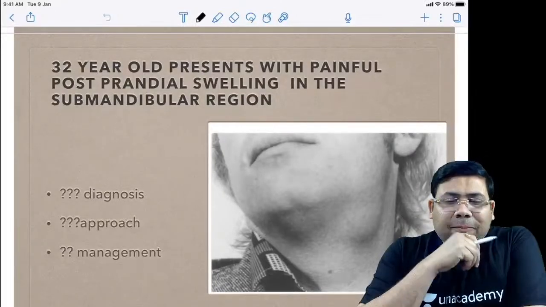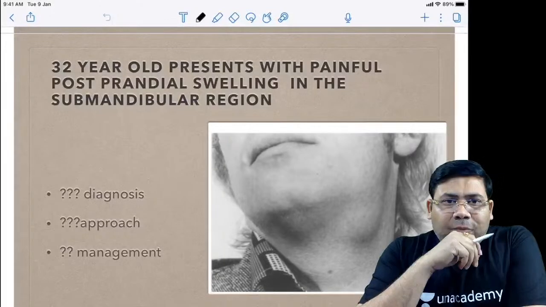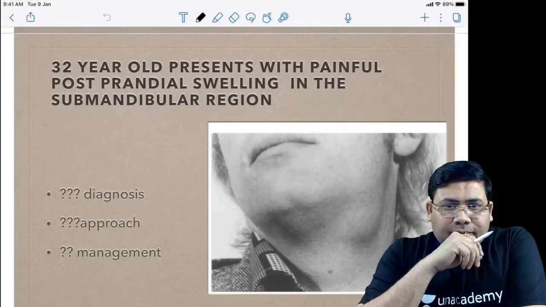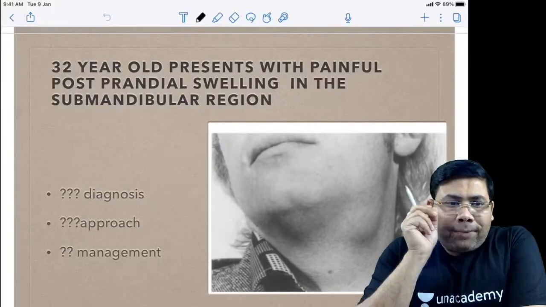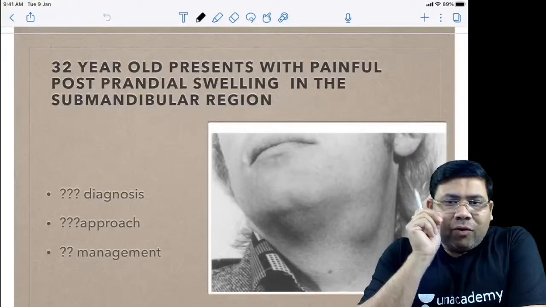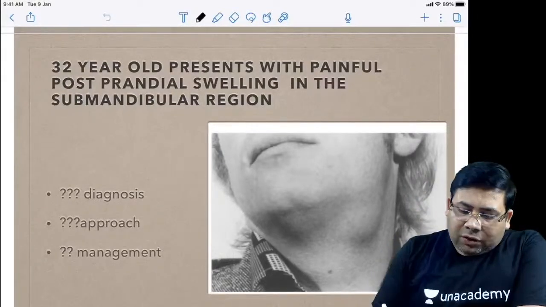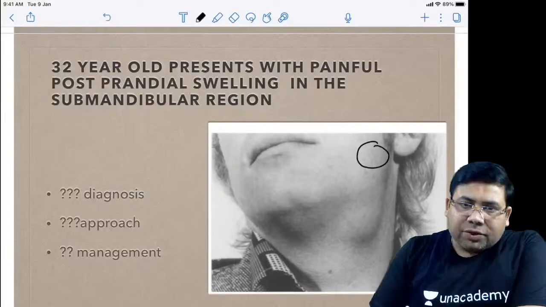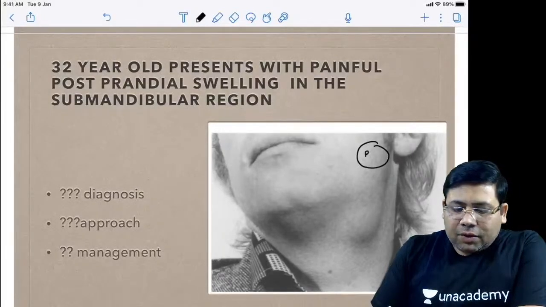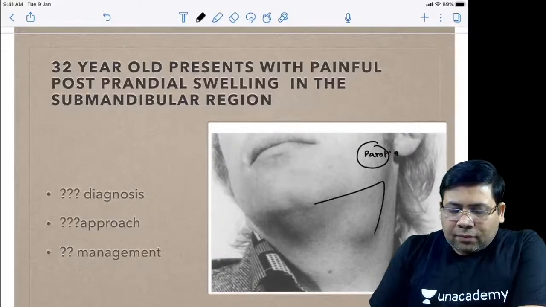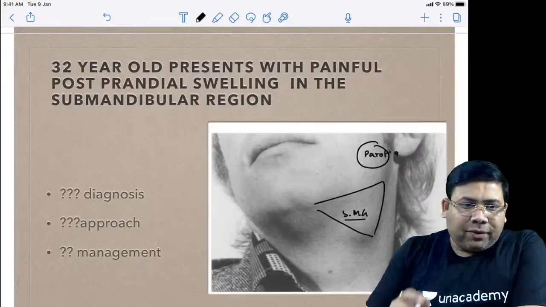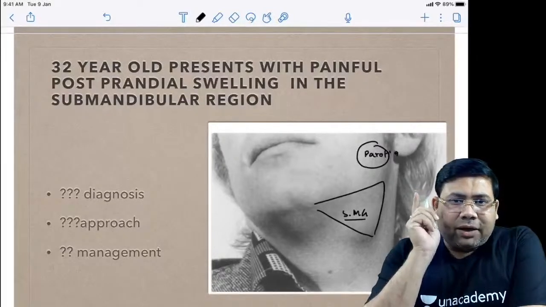Pleomorphic adenoma will not be painful, and if you see the location, this is the location of pleomorphic adenoma. Here you have the parotid, and here you have what? The submandibular gland. So first of all, it will be a pathology of the submandibular gland.